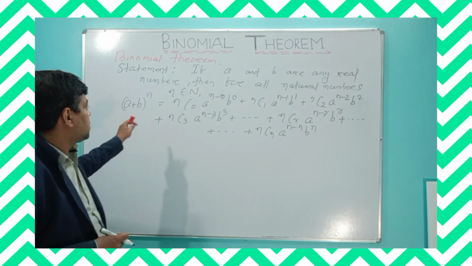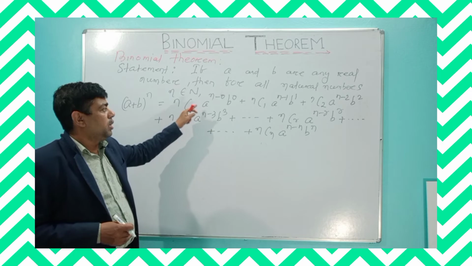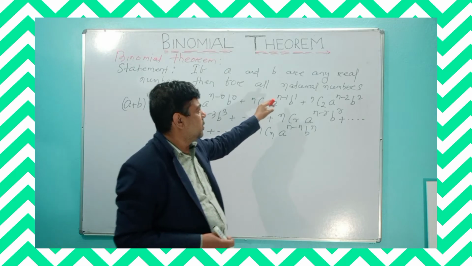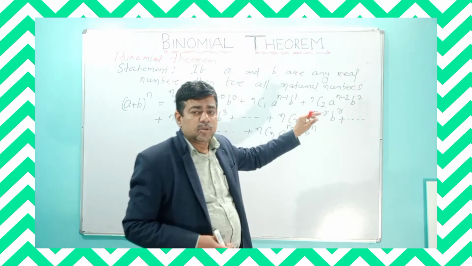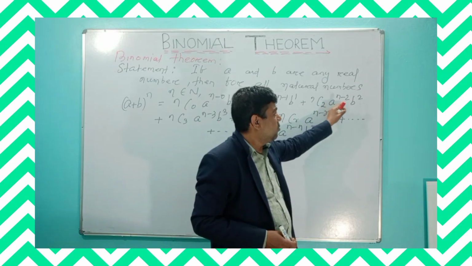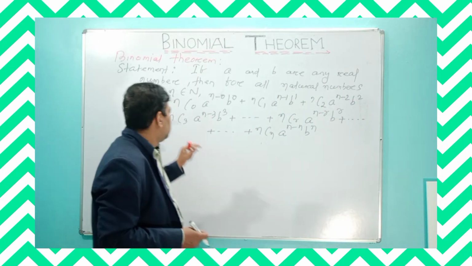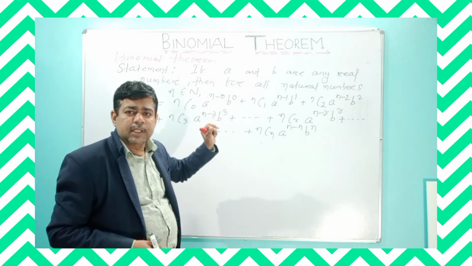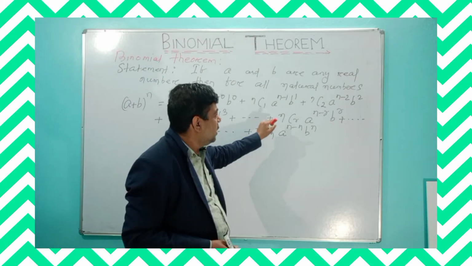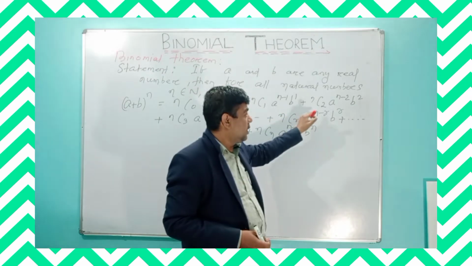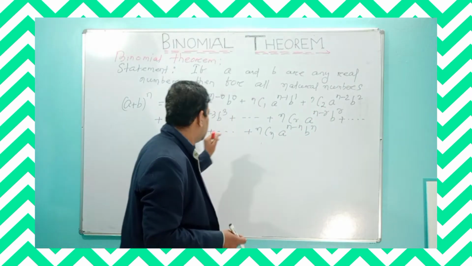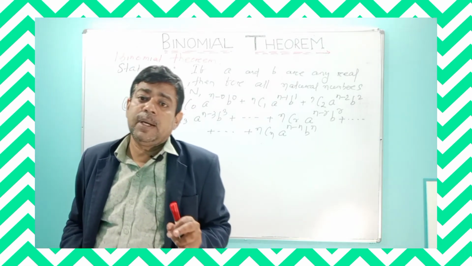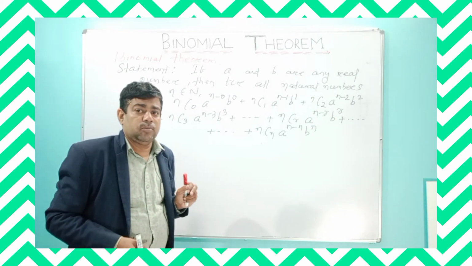It is saying that (a plus b) whole to the power n equals nC0 a to the power n minus 0 b to the power 0, plus nC1 a to the power n minus 1 b to the power 1, plus nC2 a to the power n minus 2 b to the power 2, plus nC3 a to the power n minus 3 b to the power 3, plus up to nCr a to the power n minus r b to the power r, plus up to nCn a to the power n minus n b to the power n. And this is the statement of the binomial theorem, right?